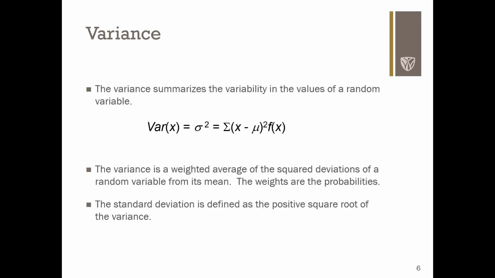So again, it's a weighted sum of squares, and the weights are defined by the probabilities. Just as in the scenario that we looked at with the sample variance and the sample standard deviation, the standard deviation for a random variable is just the positive square root of the variance. So we have these concepts of expected value and variance, and they can be useful in helping us understand the behavior of a particular random variable or a particular experiment that we're interested in.